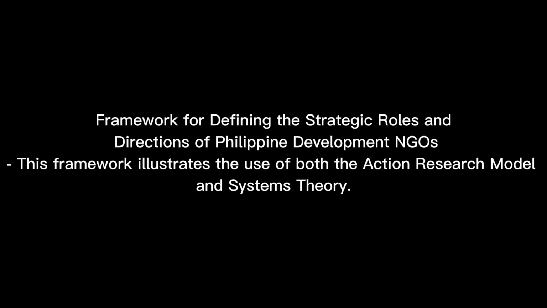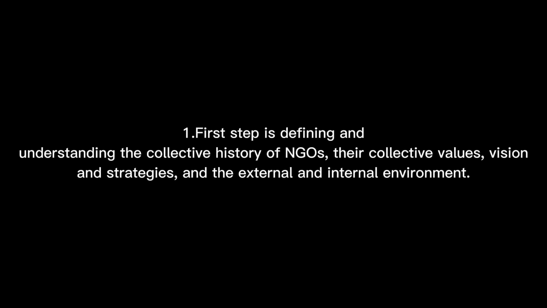Framework for defining the strategic roles and directions of Philippine development NGOs. This framework illustrates the use of both the action research model and systems theory. The model involves a three-step process. First step is defining and understanding the collective history of NGOs, their collective values, vision and strategies, and the external and internal environment.